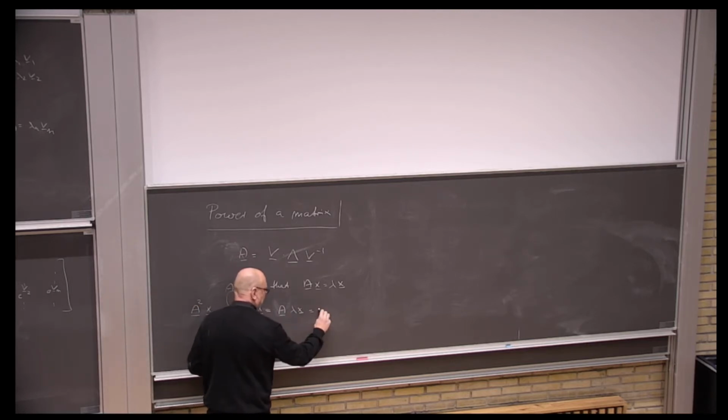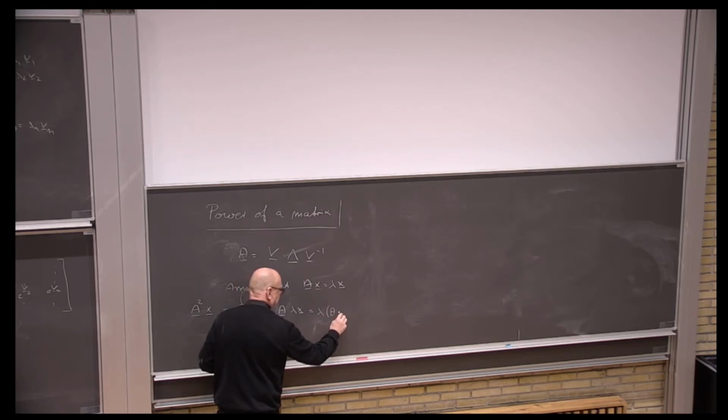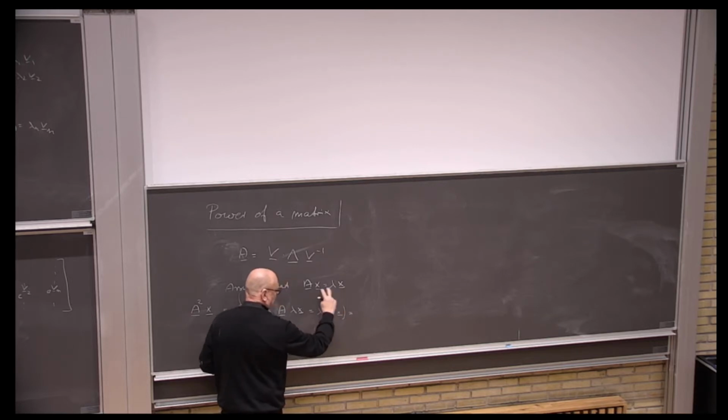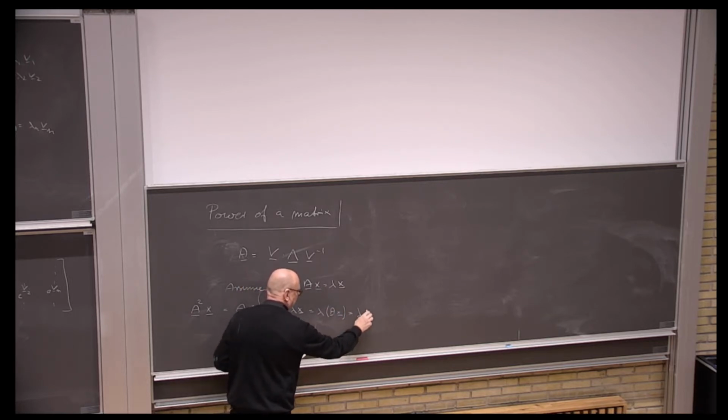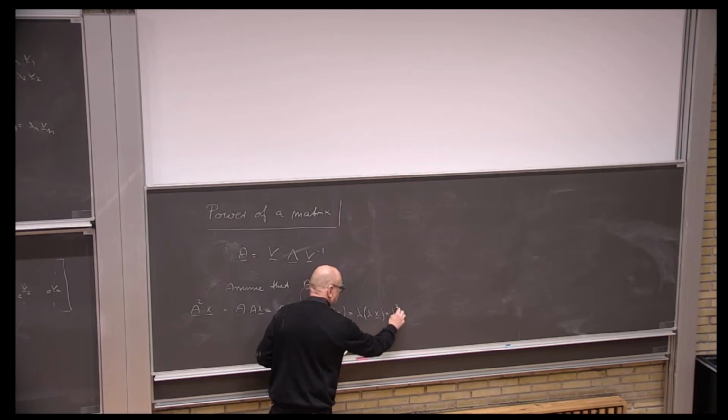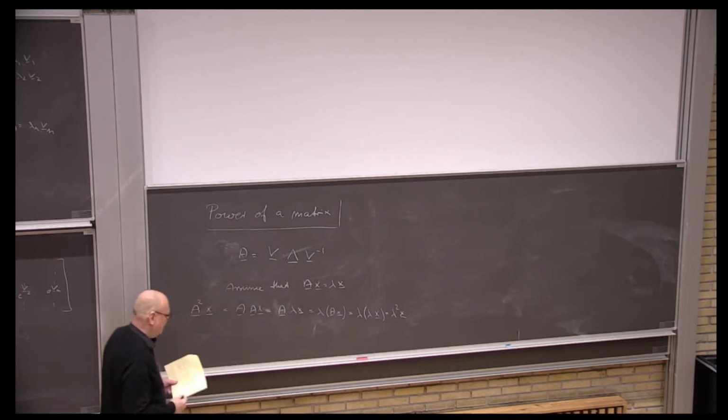I can put it outside, and then I get A times x. But since lambda is an eigenvalue, I can replace A times x with lambda x, so I get lambda times lambda x, like this.